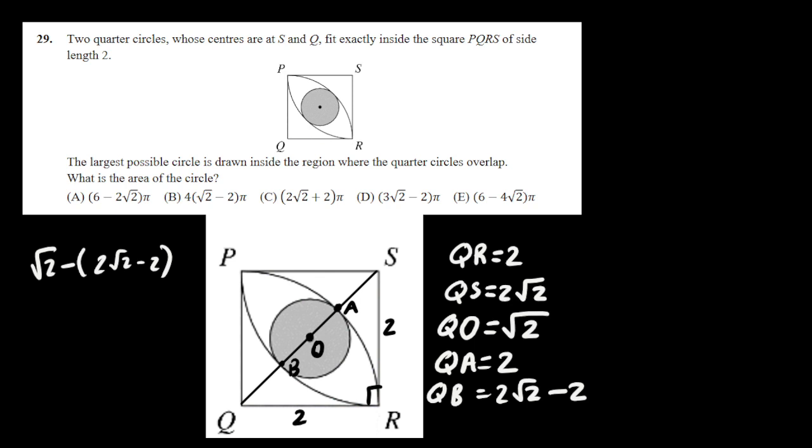But when we simplify it, we get root 2 minus 2 root 2 plus 2, or 2 minus root 2. So that's the radius of our circle. Let me just write it down here because I'm running out of space. R equals 2 minus root 2.